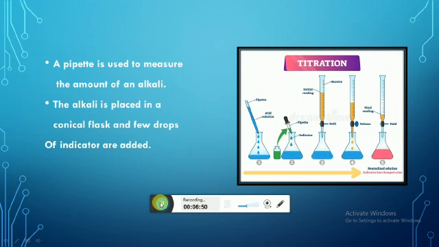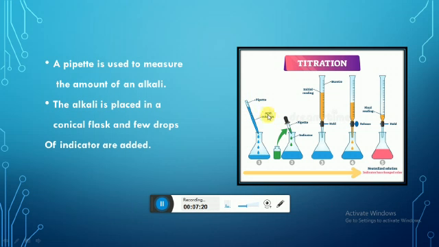It's up to you whether you put acid into the flask or alkali into the flask. Here in the figure, using a pipette, a fixed, measured amount of acid solution is placed inside the conical flask.